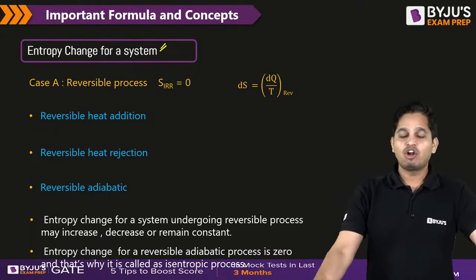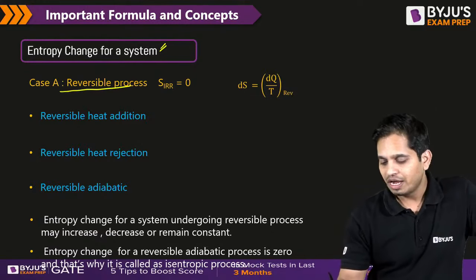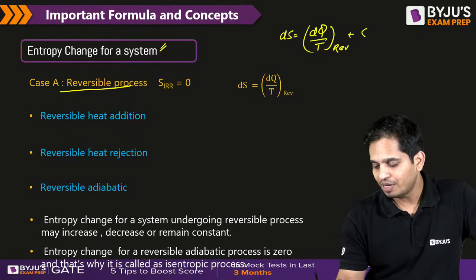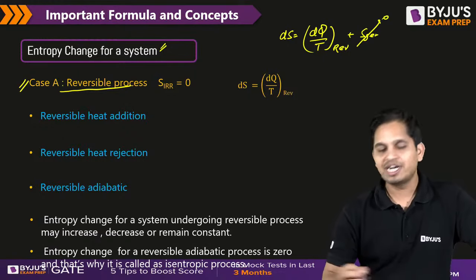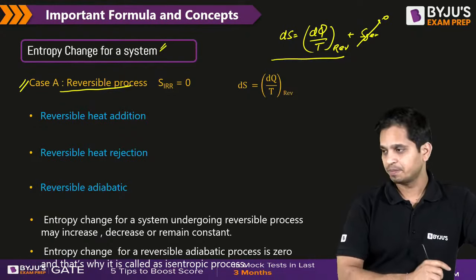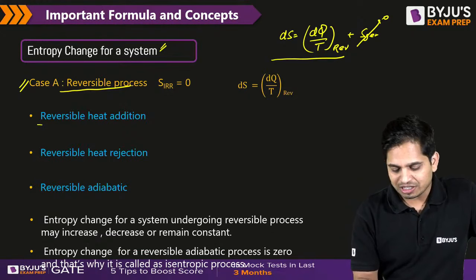Chalo. Entropy change for a system. Now, if I have a reversible process, look, entropy change can be given by dQ by T reversible plus entropy generation. If I am talking about a reversible process, then entropy generation will be equal to 0. So I only have this for a reversible process. Now, I am saying reversible heat addition.